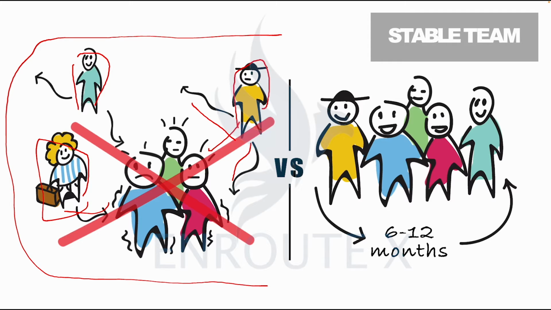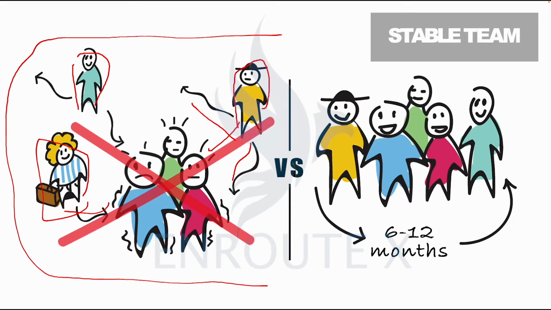With a stable team, predictability of the team would be determinable. What I mean by that is when you have a stable team and you have a steady or reasonable team velocity, then you can predict the performance or the delivery or the timeline for that team.